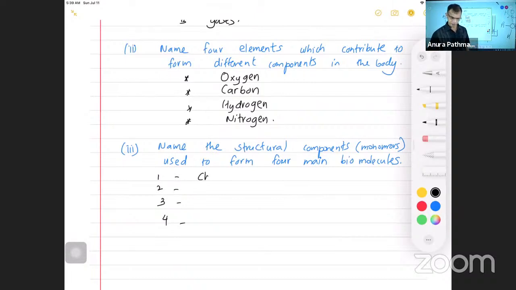And what's the structural component or monomer of that? Carbohydrate is made of what?